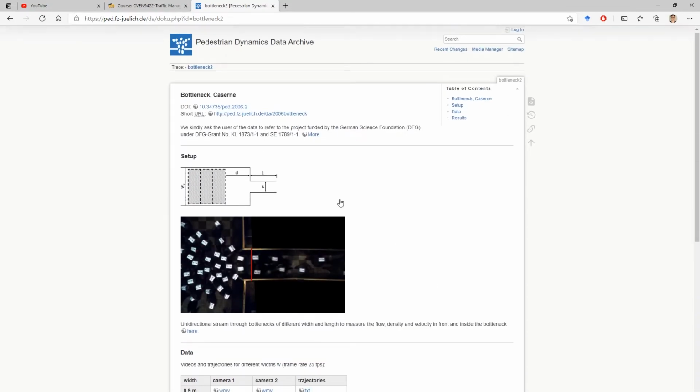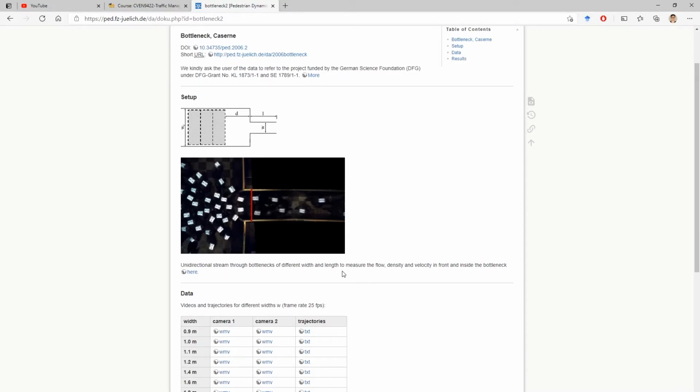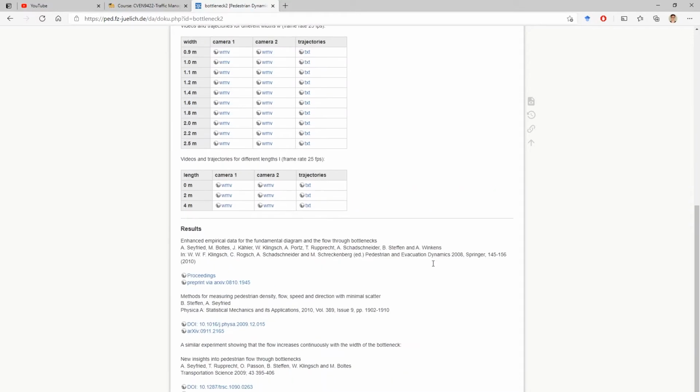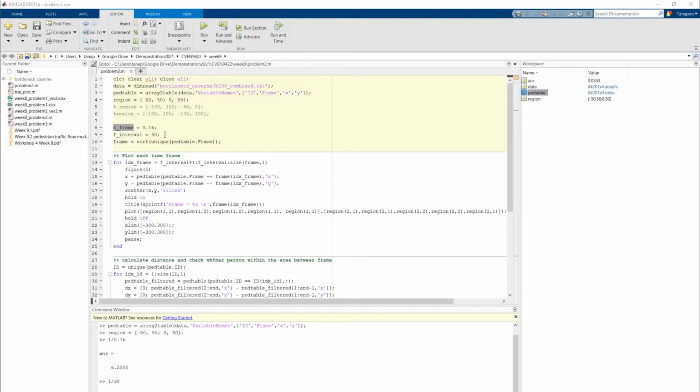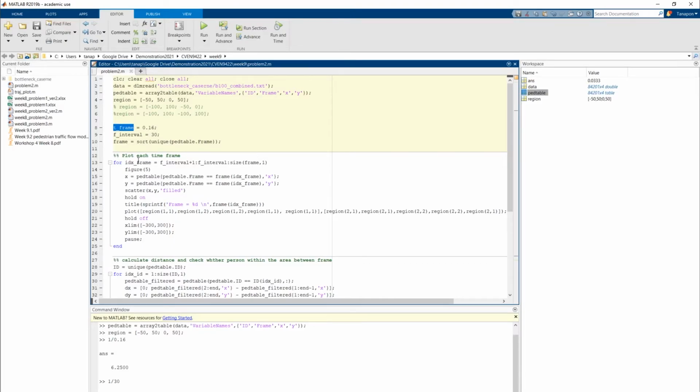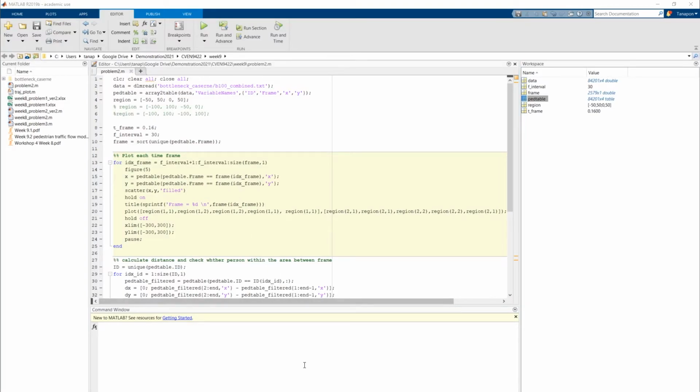Does it specifically say anything about this? How do we come up with this number? So each frame is 0.16 seconds, so it's 6.25. Okay, I will find this out.